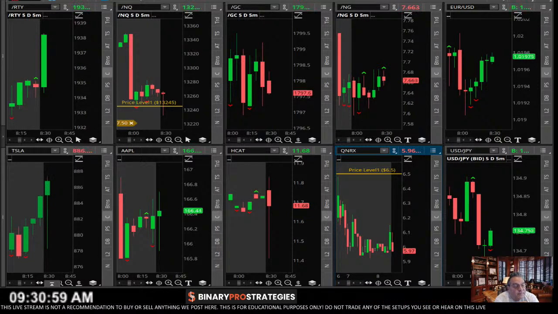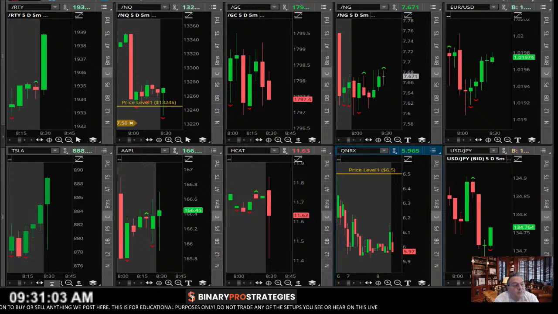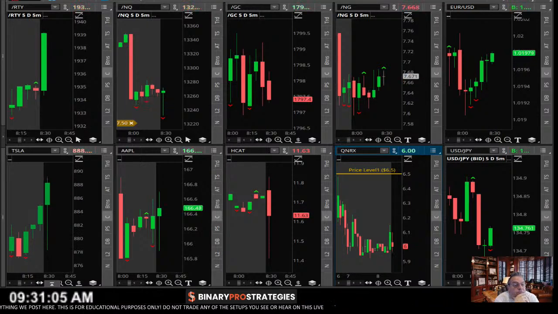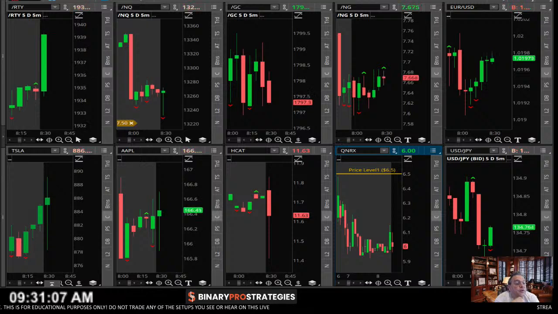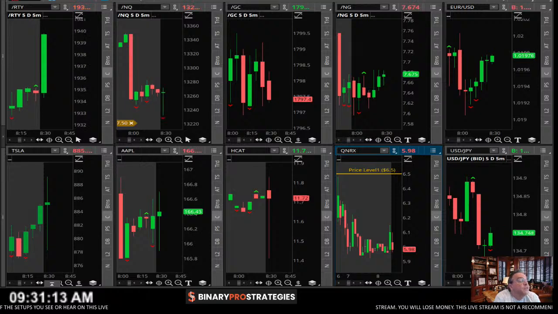If we don't hit 132.07.5, we're going to reverse here on an HF1 at 133.20.